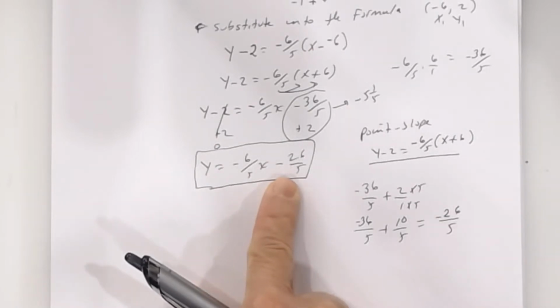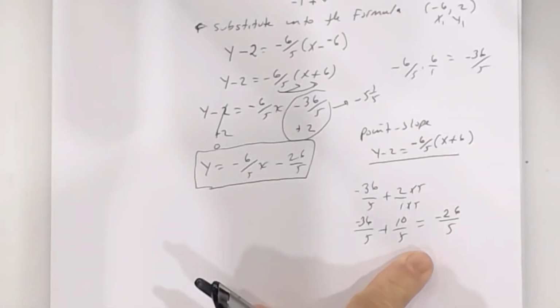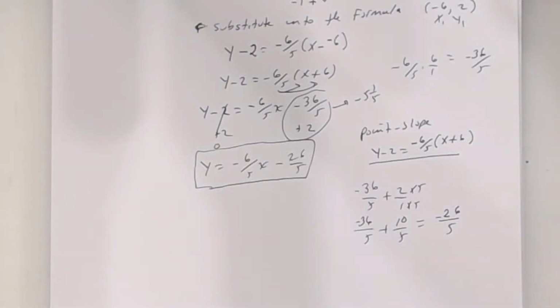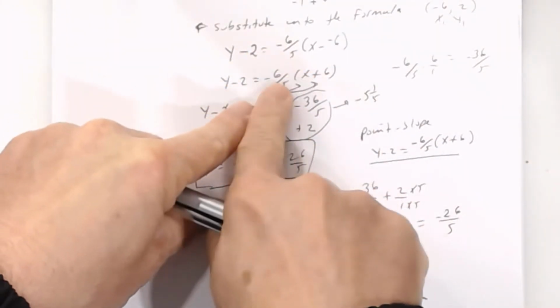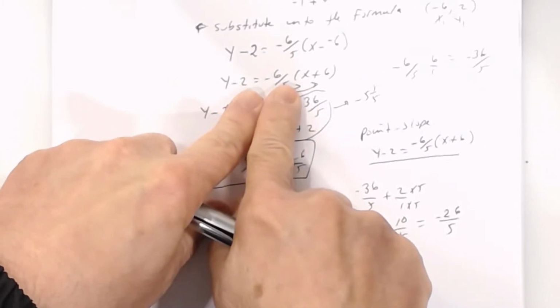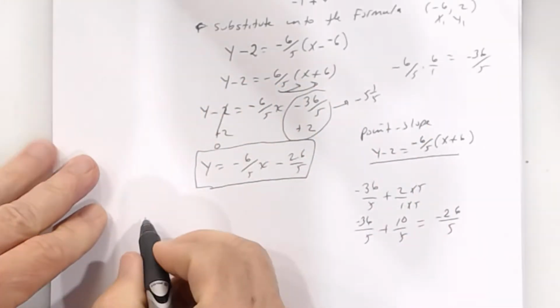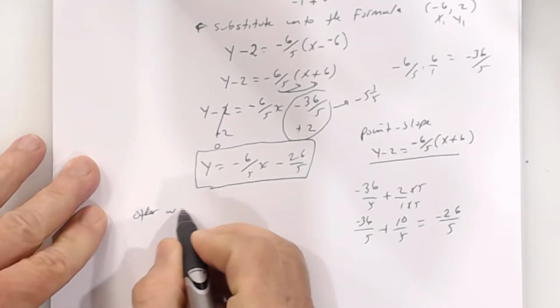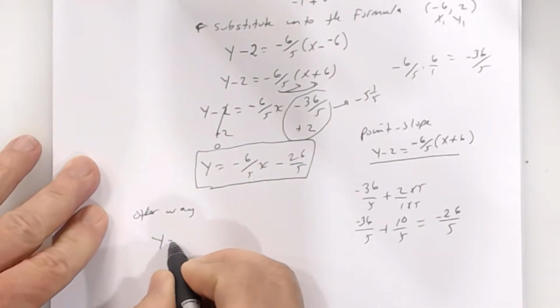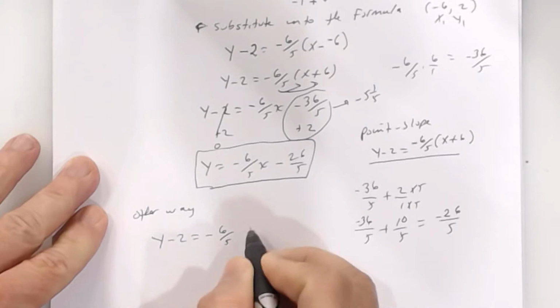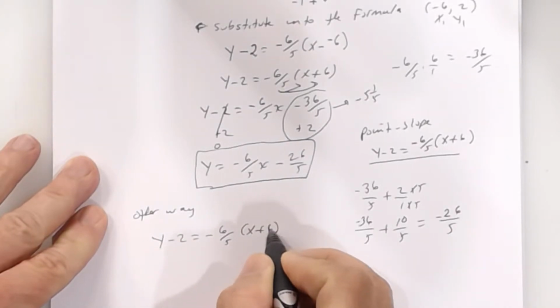All right, so if you don't know how to use your calculator, then you are going to have to do this by hand. Okay? Now, let me show you another way you could have done this. I'm going to go back right here. So I have y minus 2 equals negative 6/5 times x plus 6.